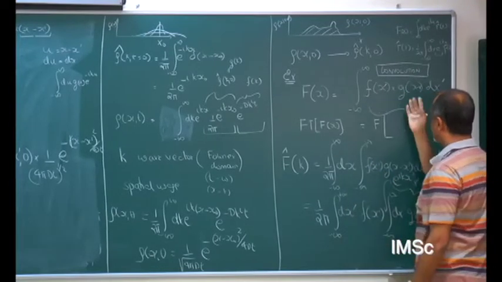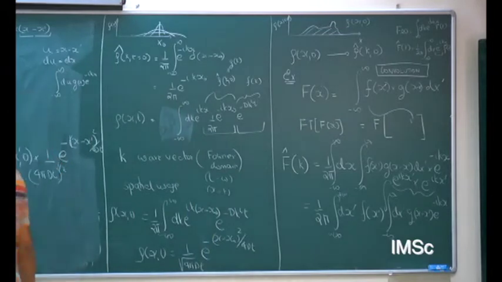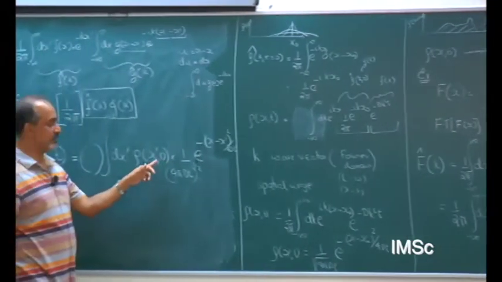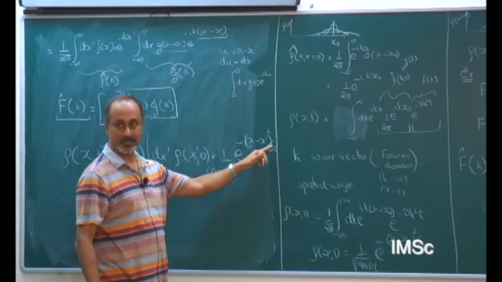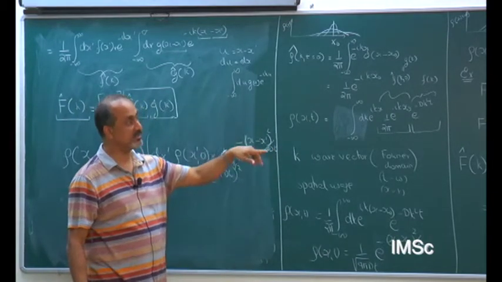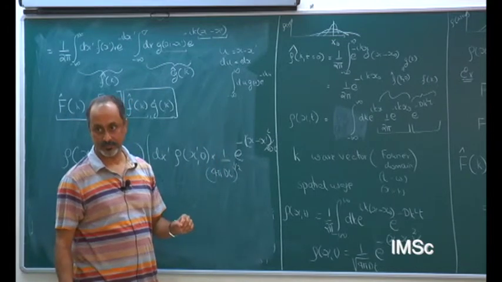But once I know that, I can just go back here and write that answer down immediately. That answer says, take the density at time t equal to 0, but multiply the function by something which is x minus x prime, because of the way the convolution is written: integral dx prime, f of x prime, g of x minus x prime.